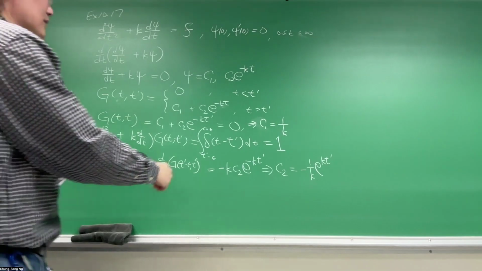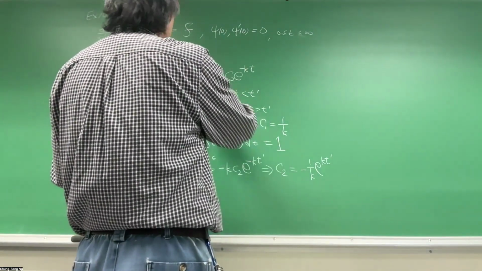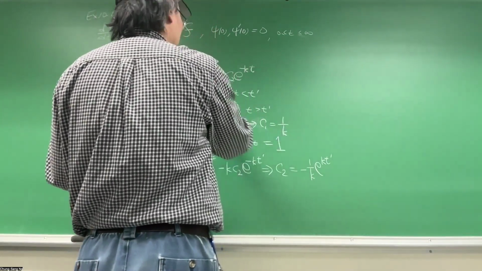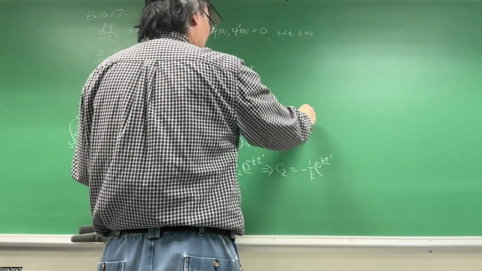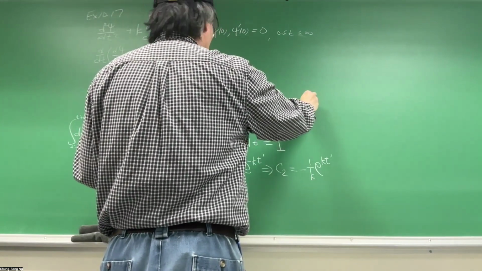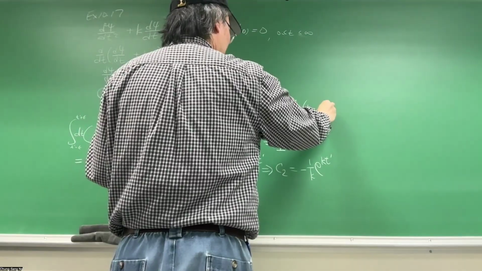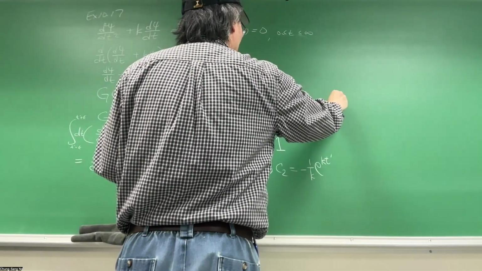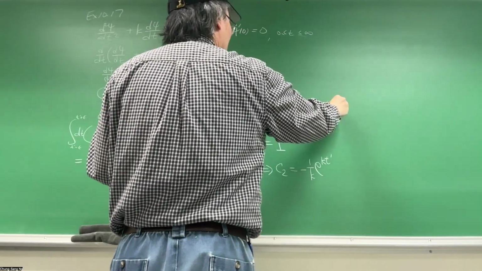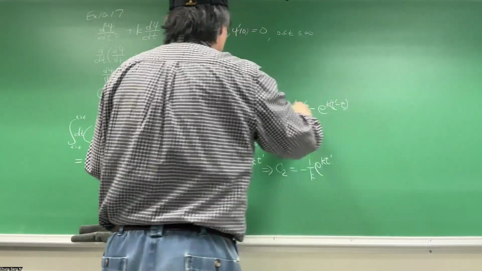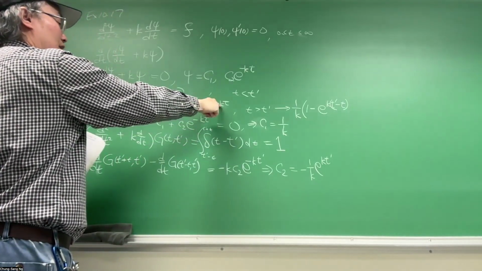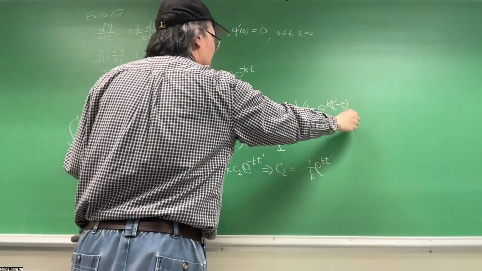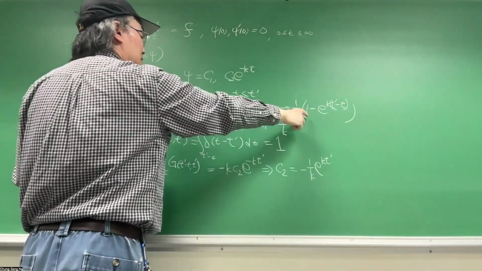Okay. Now we have C sub 1 and C sub 2. So G is basically this one and that one. They both have a 1 over k, and 1 minus e to the k(t prime minus t), because you already originally have minus kt. Right? C2 has e to the k(t prime minus t), and C sub 1 has this 1 over k.